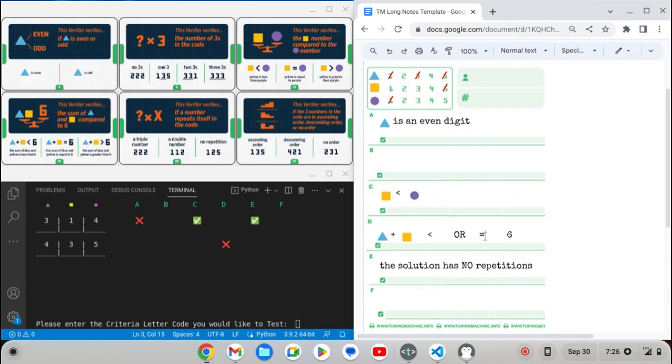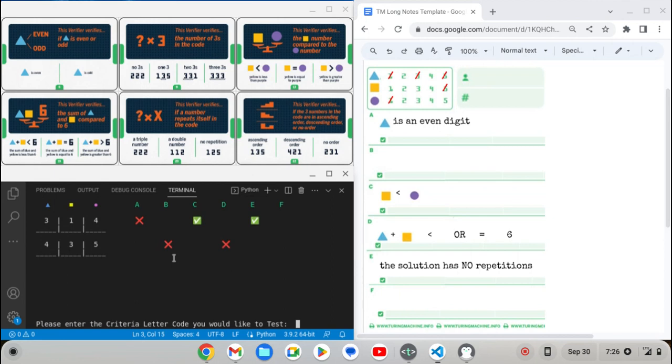And for less than, even triangle 4 would work. 4 plus 1 is less than 6. 2 and anything in square other than 4 would work. So I don't think there's anything we can cross out. So let's move on and I guess let's test criteria card B.